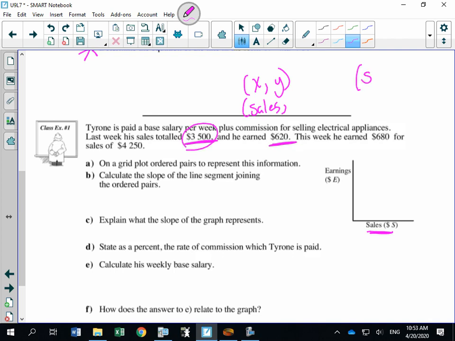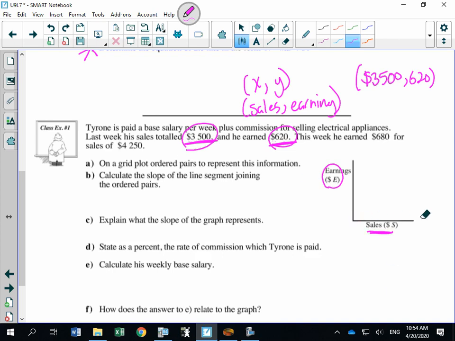He sold $3,500 of electrical appliances that week, and they want the y-axis to be the earnings. How much did he earn for selling that amount of money? So he earned, for selling $3,500, he earned $620. Okay, so I need to plot this.